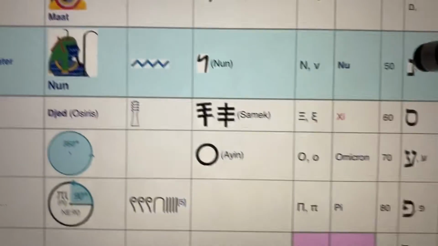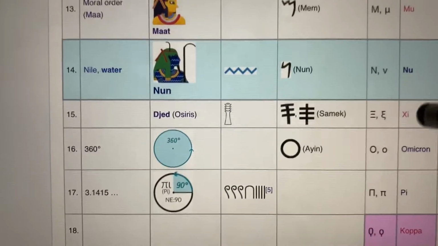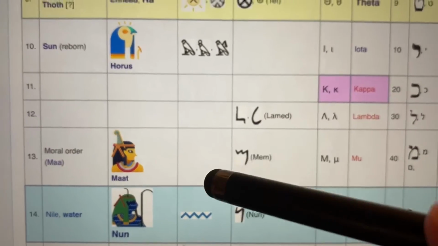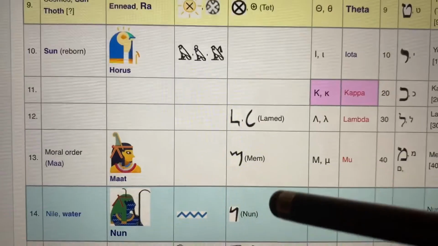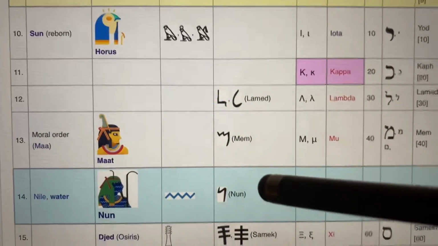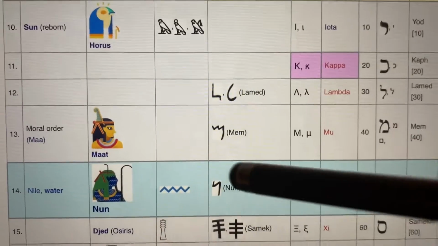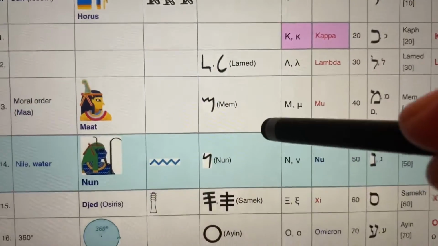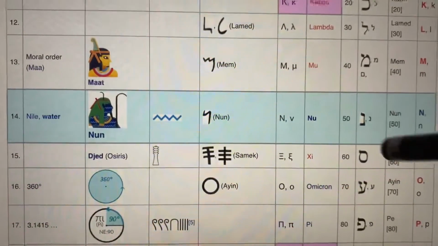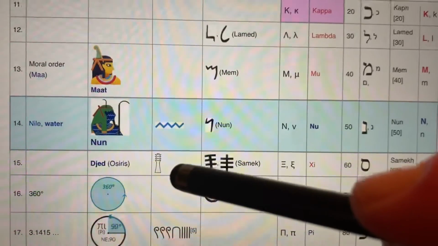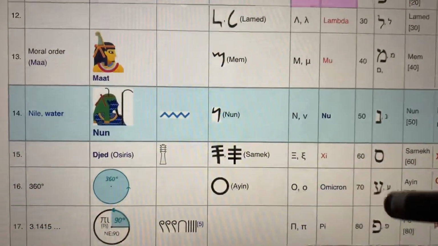Skipping over, we have 13th letter M is based on Mot, who is said to have been co-engendered at the time of the rising of Nun, which is why their letters are similar. 15th letter is Xi, which supposedly is the shape of the Djed pillar of Osiris.